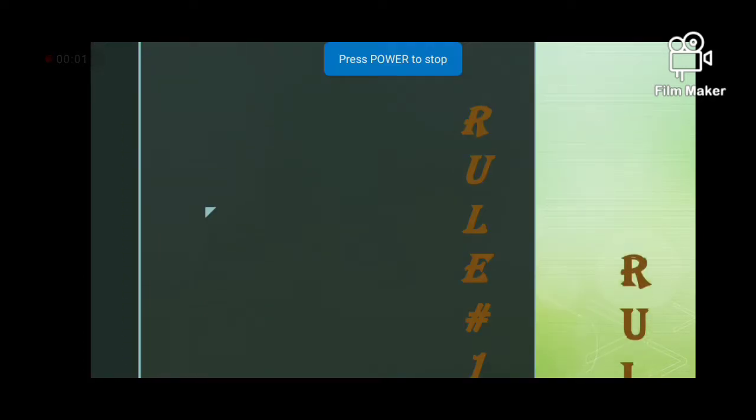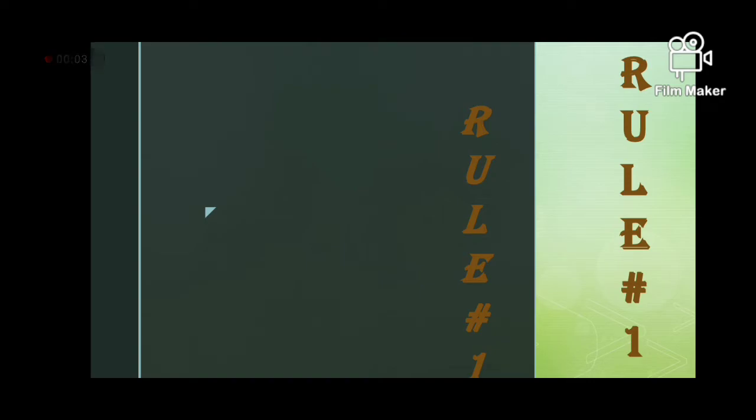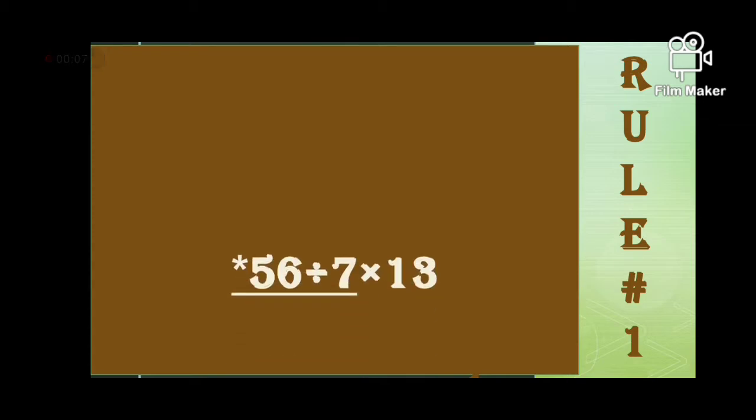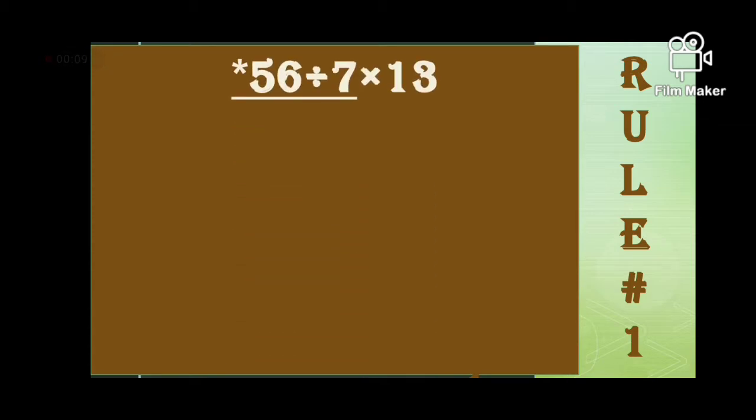Let's take some more examples of rule number 1 when we have multiply and divide only. In this example, we have the sign of division first, then multiplication. So first we will divide, then multiply. When we divide 56 by 7, we get 8. 7 8s are 56.